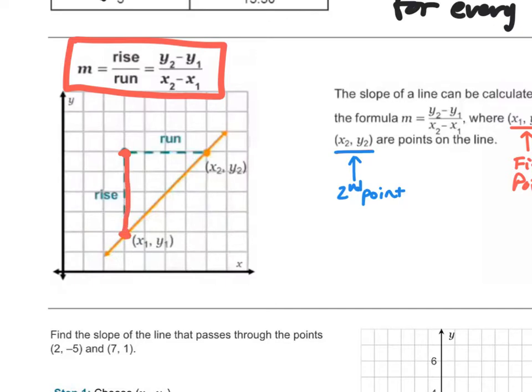This is the same thing because here's the value y sub 2 and here's the value y sub 1. And then here's the value x sub 1, and here's the value x sub 2.